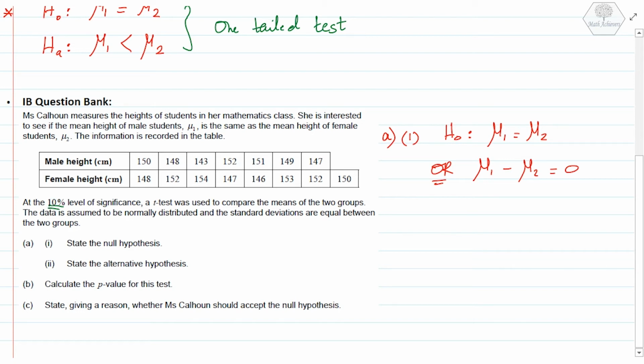Part A(ii), state the alternative hypothesis. The alternative hypothesis, which is HA, is simply mu1 is not equal to mu2, or I can write it as mu1 minus mu2 is not equal to 0.